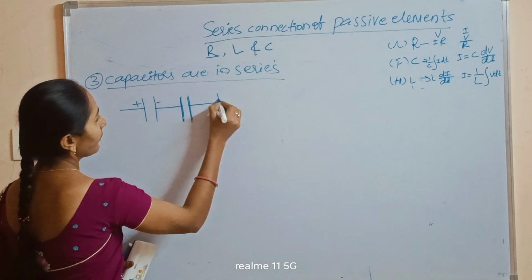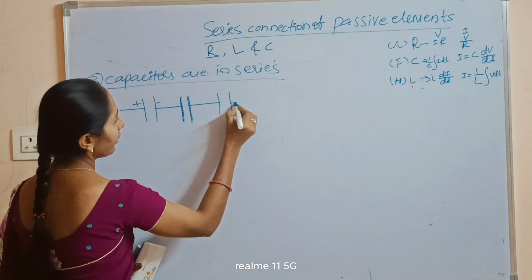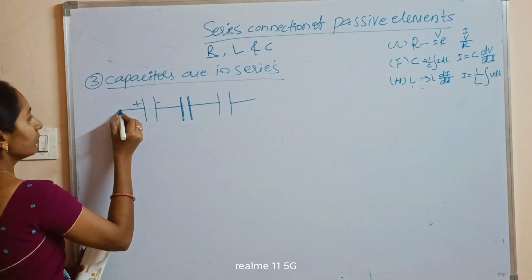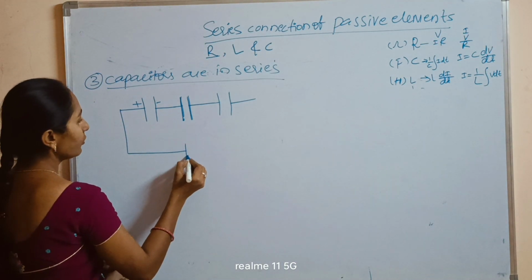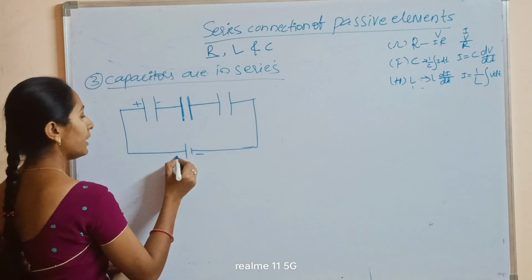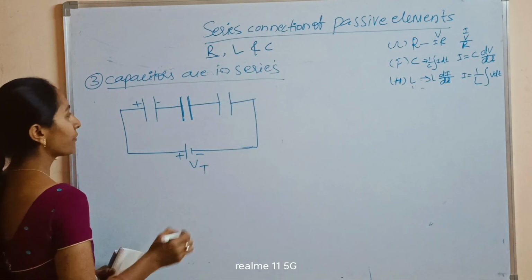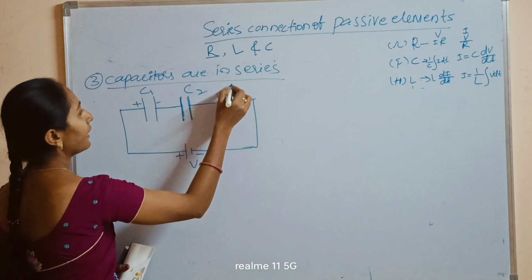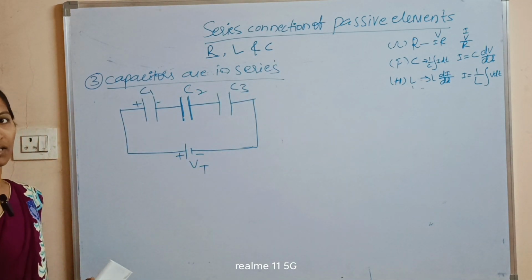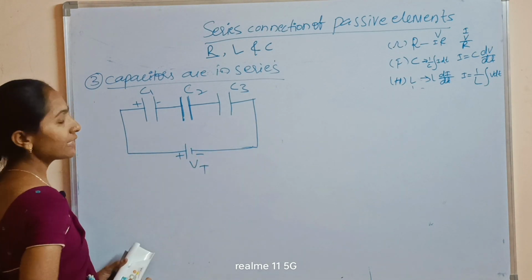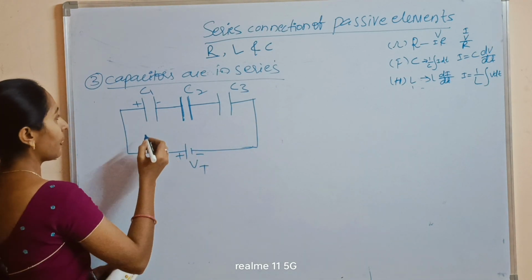Now third capacitor, two parallel plates. Now it is connected to source. This source is V total. Now this is C1, C2 and C3 element. Three capacitors are connected in series with a supply voltage of V total.